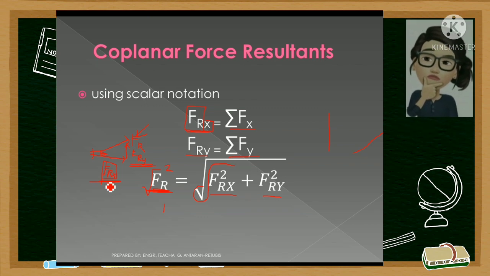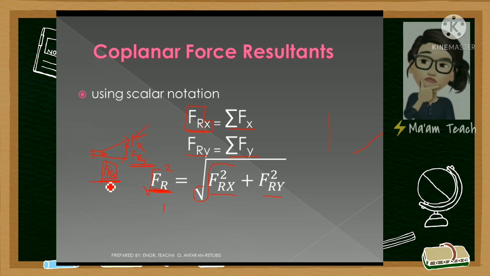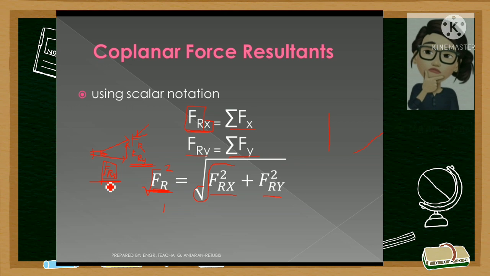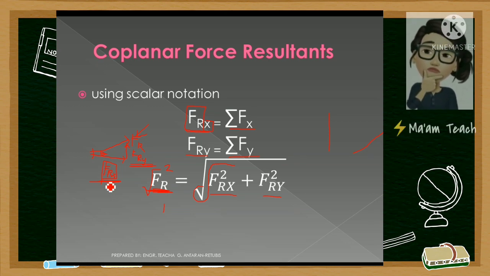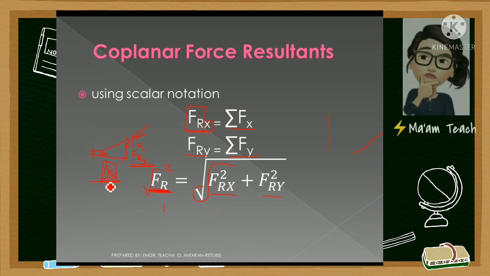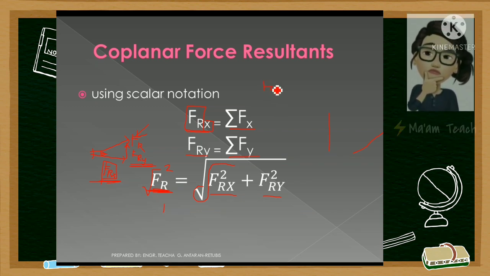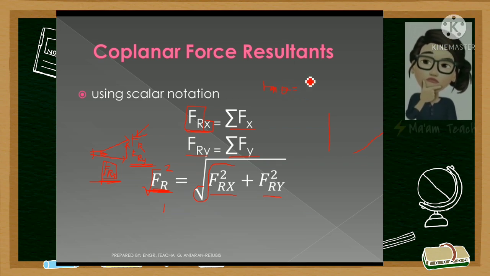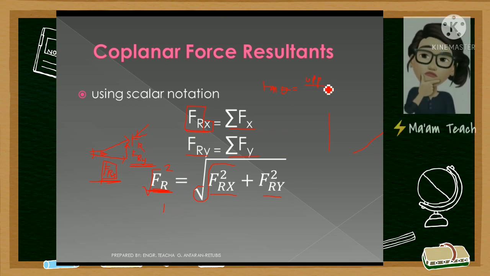So if you could recall, we have the trigonometric function, which is the tangent. Tangent is opposite over adjacent. So applying the tangent, class, tangent theta is opposite over adjacent.